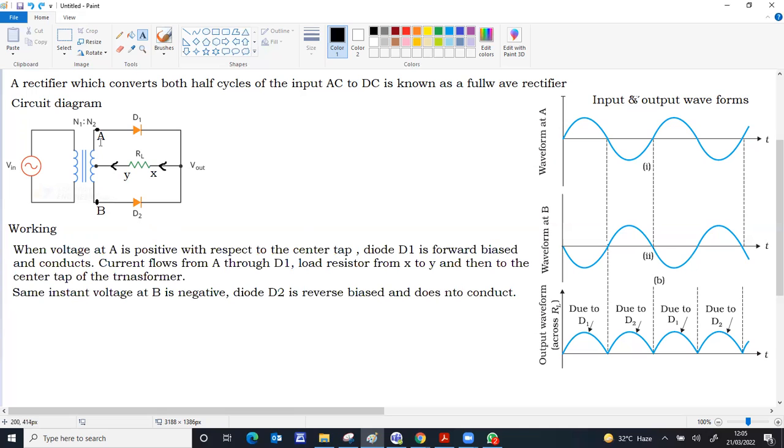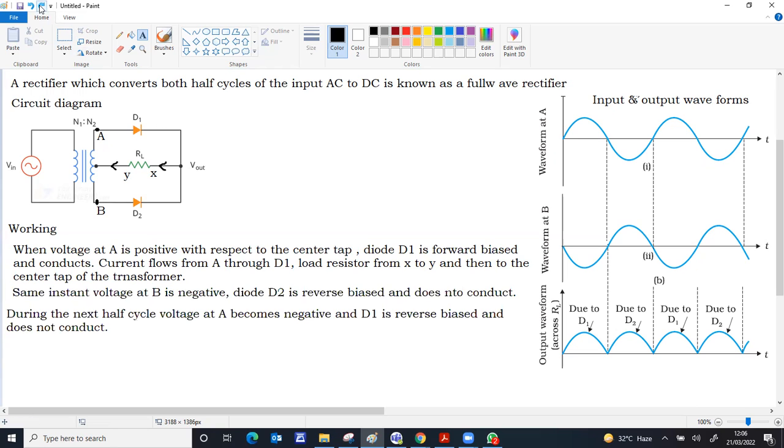Now, next instant, the next half cycle, A becomes negative. D1, P region connected to negative, low potential. It becomes reverse biased and does not conduct. So no output through D1. At the same time, B becomes positive.